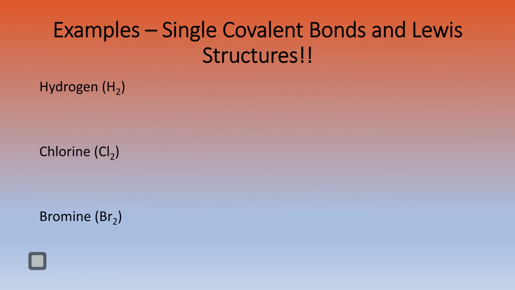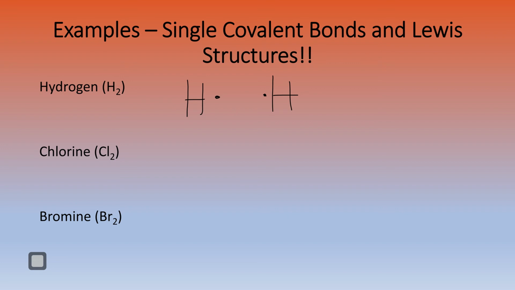So, starting off with basically single covalent structures. If I start off with hydrogen, H2, again, we talked about them being diatomic. I have hydrogen with one dot and hydrogen with one dot. The idea is both of these hydrogens want a total of 2 valence electrons to share, and that'll make each hydrogen atom happy.